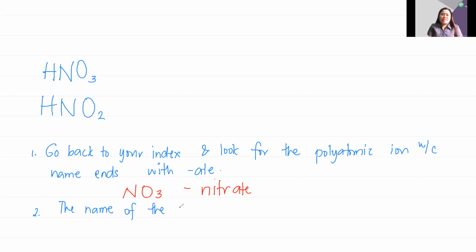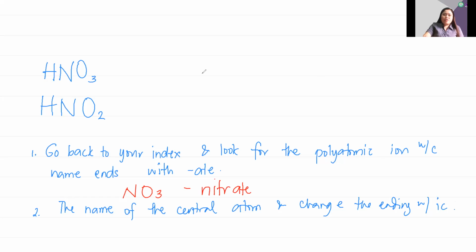The name of the central atom, and then change the ending with IC. So, instead of nitrate or nitrogen, let's change the ending with nitric and add the word acid. So, siya ang NO3, siya yung nitrate, class. This will become now the nitric acid. Okay.